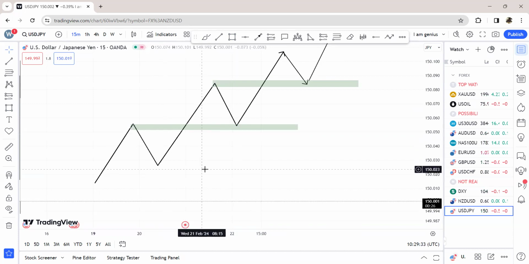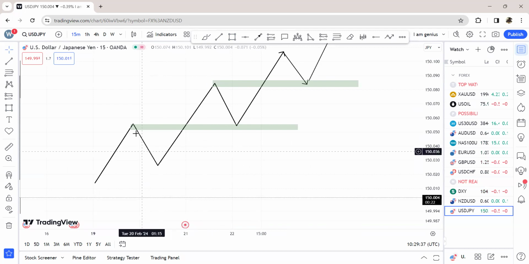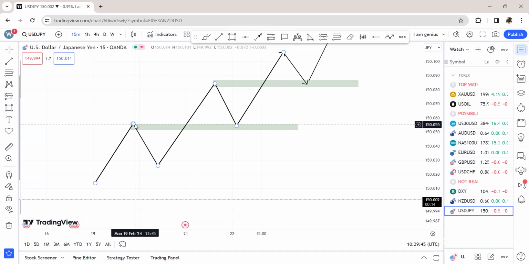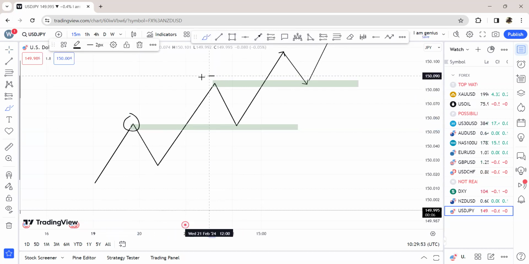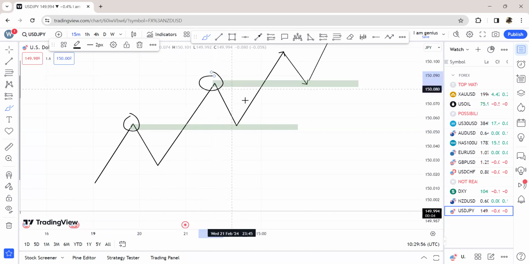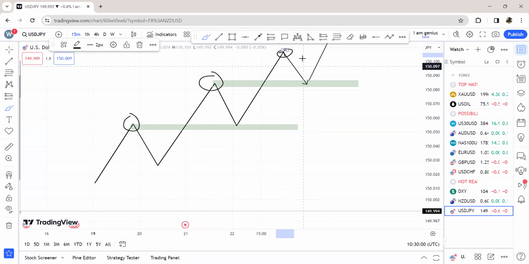Whenever the market is in an uptrend, it will always break the highs that it has made in order to continue that uptrend. So it will always break these levels, even this one here. It will always strive to break these levels.